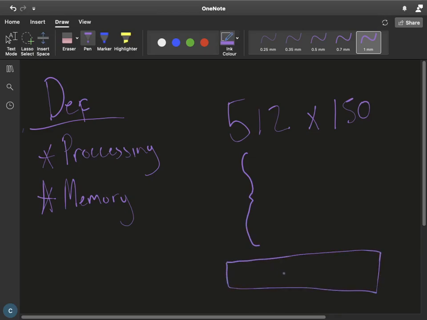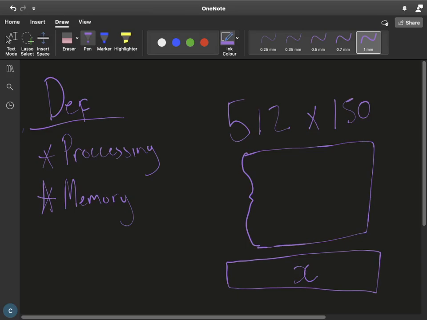The answer could be X, whatever it is. Sorry, I haven't figured out the answer in my head. That's pretty bad. But it's the bit of calculation in between that you need memory for, right?